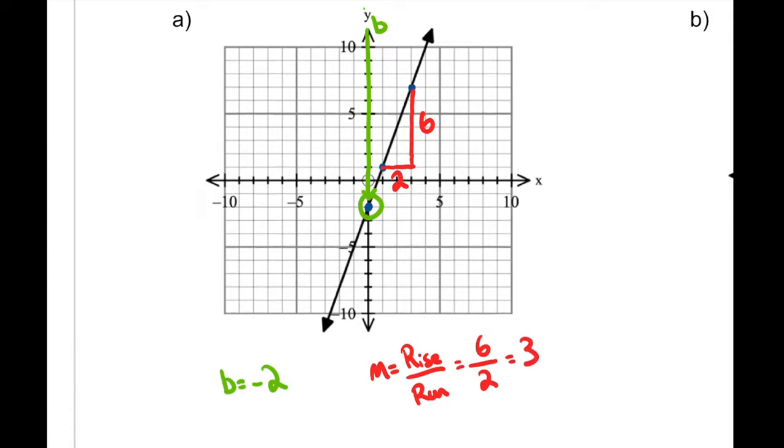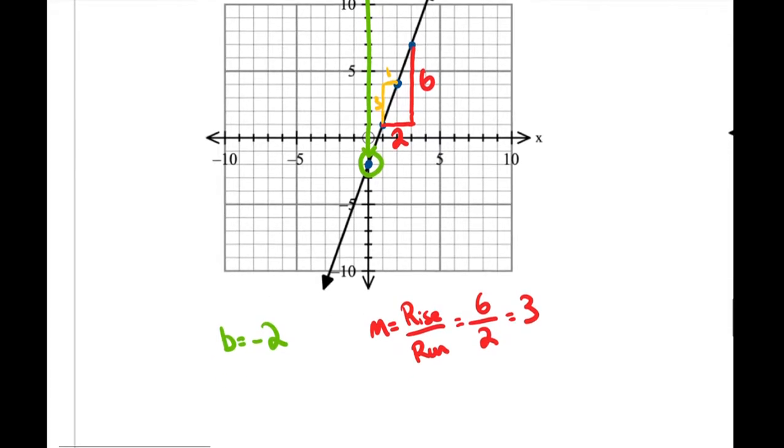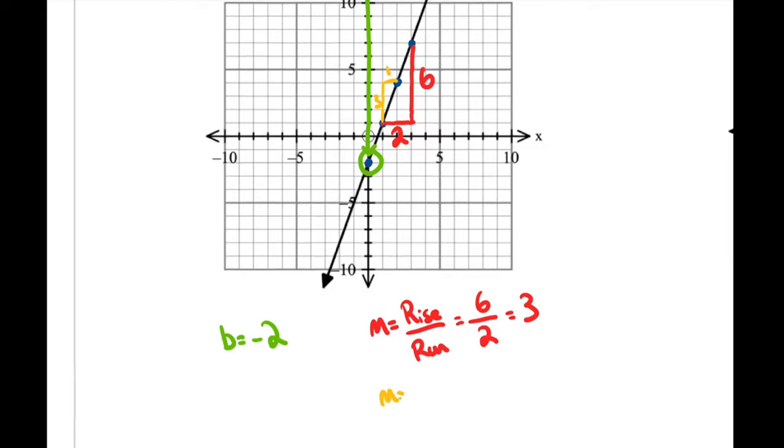Now you may have said, well, why did you use those 2 points? Why didn't you use something nicer or something different? And that's fair. I could have used other points. I could have used this point in the middle, and if we want to do it in reverse, I could have gone up 1, 2, 3 over 1. If I do a small separate calculation, m would equal a rise of 3 and a run of 1, which would give me 3.